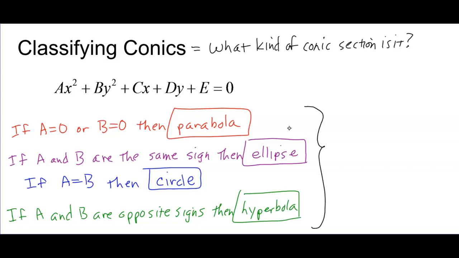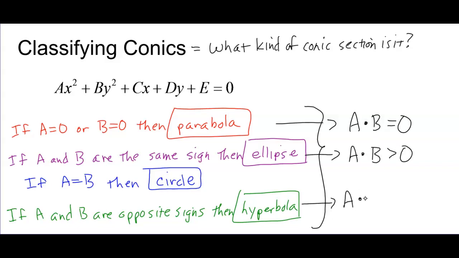So if I summarize these in a mathematician's style, here's what I could say to make a mathematician happy: a times b equals 0, or a times b is bigger than 0, or a times b is less than 0. Let's think about it.